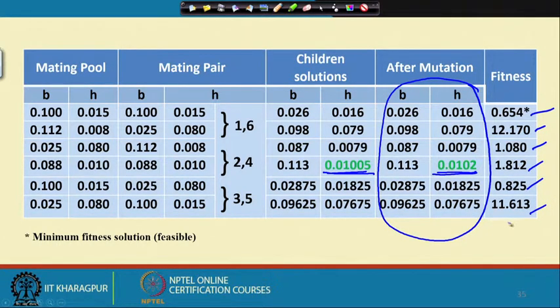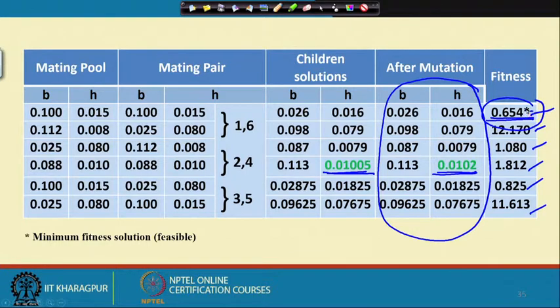Now, if I compare these fitness values, this is found to be the minimum, and this is a minimization problem, that means this is going to give the best solution after the first generation of the GA is over, and moreover we will have to check whether all these solutions are feasible or not.